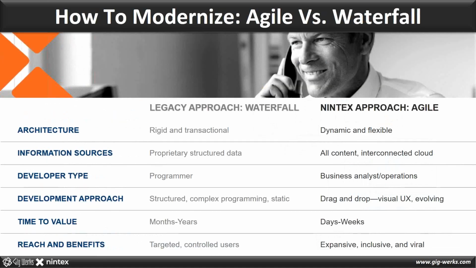So again, Agile versus Waterfall, right? And using Nintex in it. Waterfall is rigid. It's transactional. It's very proprietary, programmer-driven, and can go months to years, and in fact has the higher risk as it relates to the two ways of doing it. Now, if you go the Agile approach and you bring Nintex into that, you're not even building your own monolithic apps even on the Agile and modern app model, but really taking a toolkit that accelerates that process.